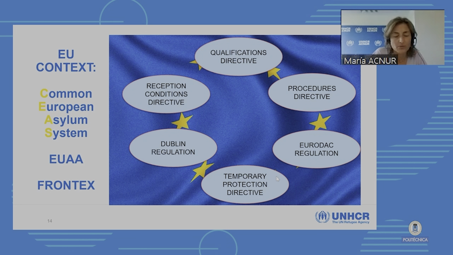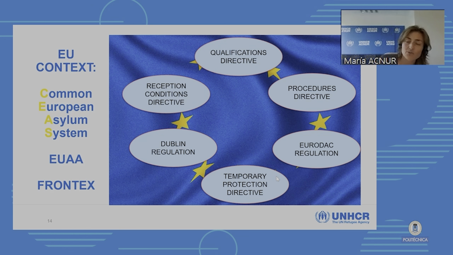We have the temporary protection directive, which for long years, when we were training people about the EU context, we used to forget because it has never been put in place. Now it's the trending topic in international protection in the EU. It's the directive that has been activated for the protection of the Ukrainians.